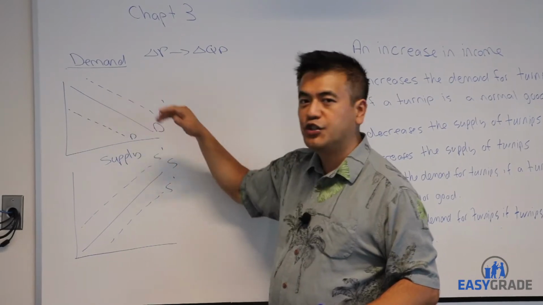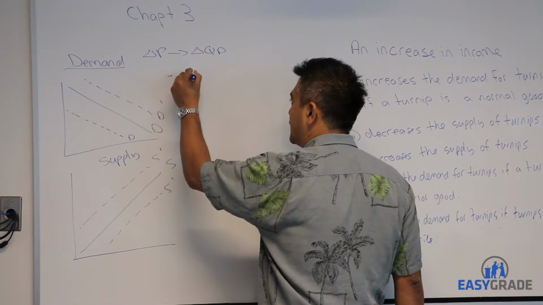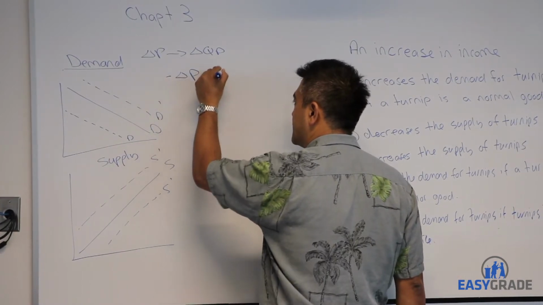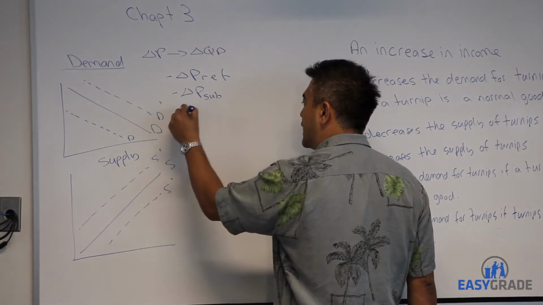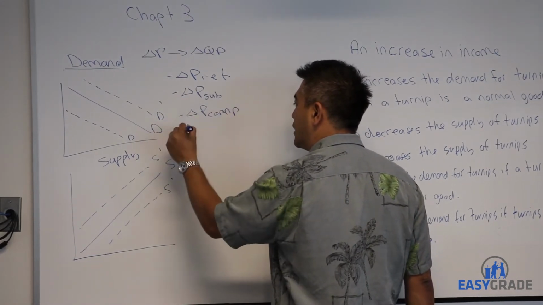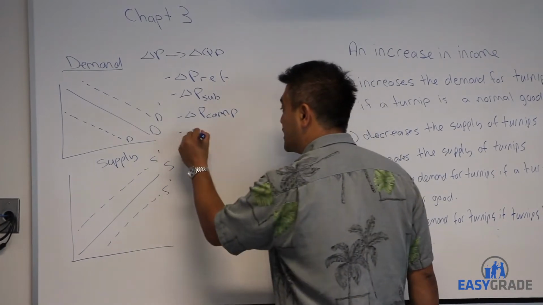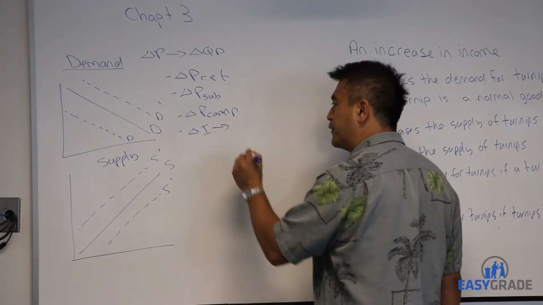The demand curve will shift if there is a change in preferences, a change in the price of a substitute, a change in the price of a complementary good, changes in income. This one depends on the type of good.